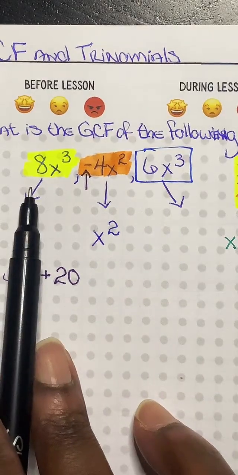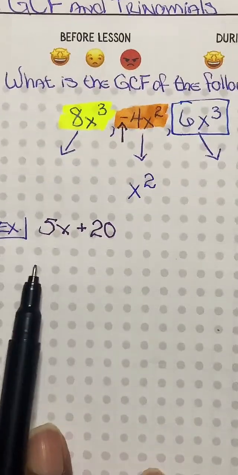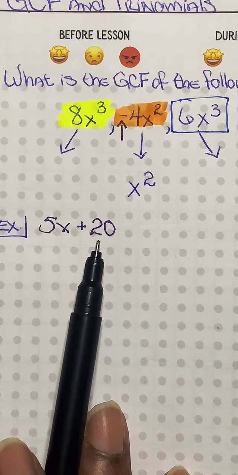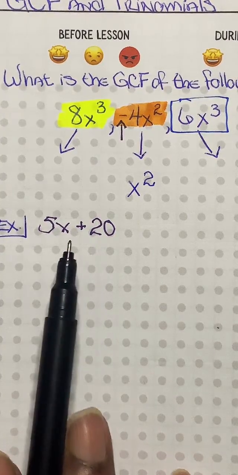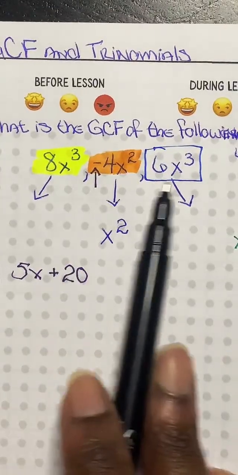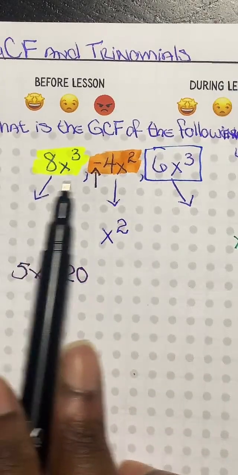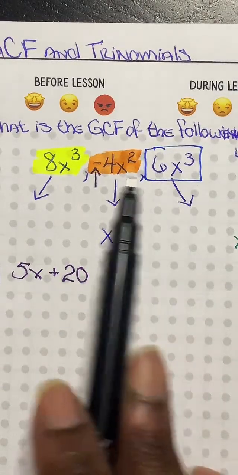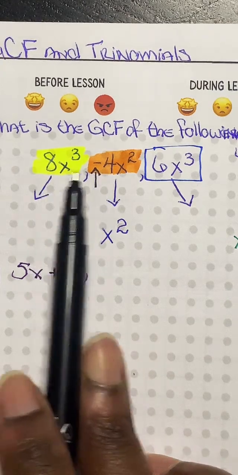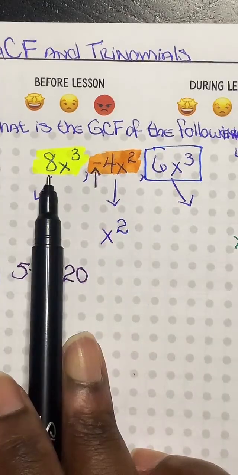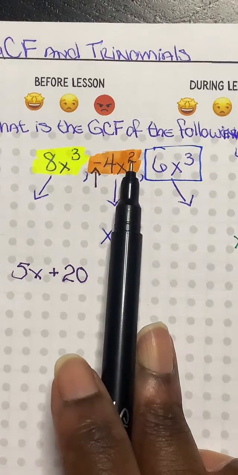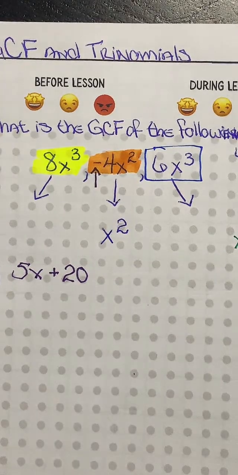They're not terms. Now, if it was a term like this example that we have here with the 5x plus 20, if I wanted to factor out a negative, I can do that because I have this plus sign here. But up here, I do not. They're like 3 separate expressions, and I'm trying to see what they have in common. But considering that this 4 has a negative, you don't have anything in common with the coefficients. But with the x's, you do, because the lowest exponent is to the second power.